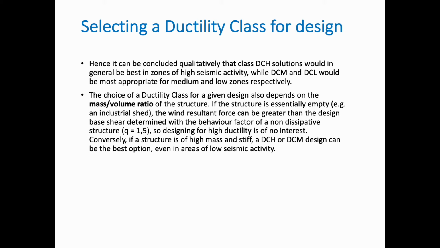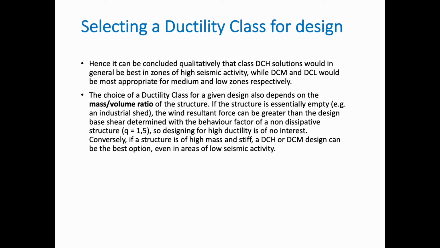Conversely, if a structure is of high mass and stiff, a high or medium ductility design can be the best option, even in areas of low seismicity. So I think that's a very good analogy to keep in mind, based on how heavy your structure is.